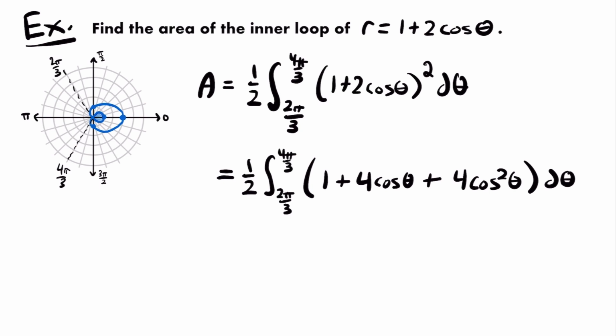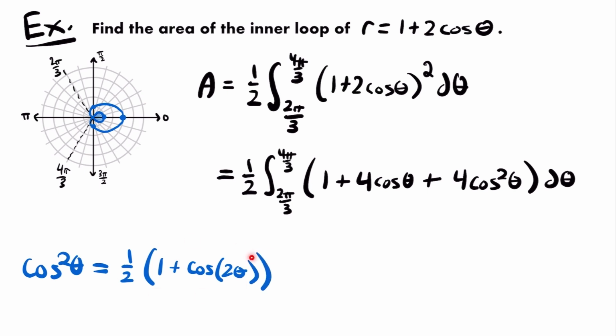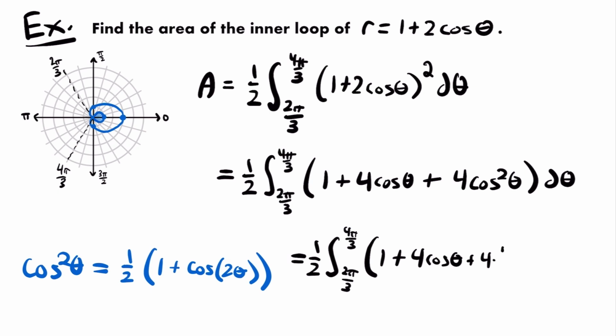We're going to use the identity that cosine squared theta is equal to 1/2 times 1 plus cosine of 2 theta. All right, so if we use this identity, we will have that our area is equal to 1/2 times the integral from 2 pi divided by 3 to 4 pi divided by 3 of 1 plus 4 times cosine theta plus 4 times 1/2 times 1 plus cosine of 2 theta d theta.